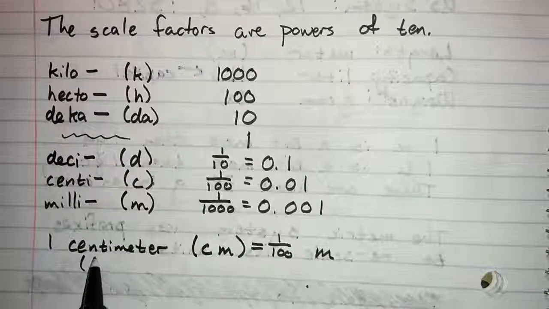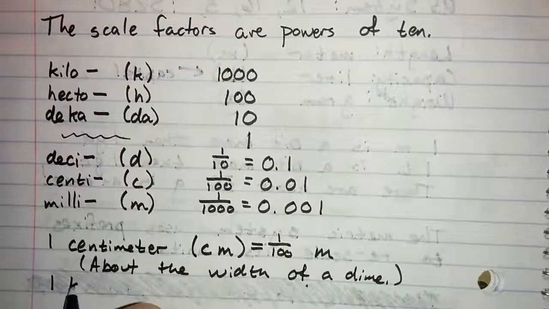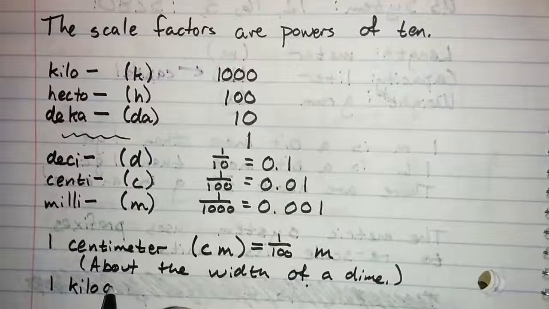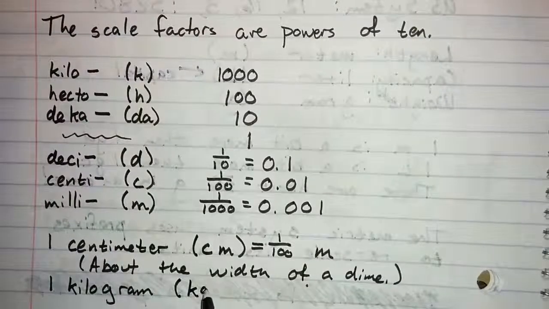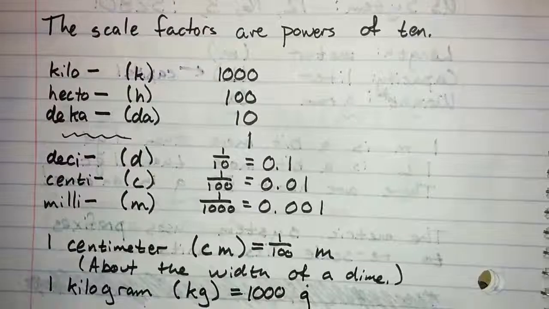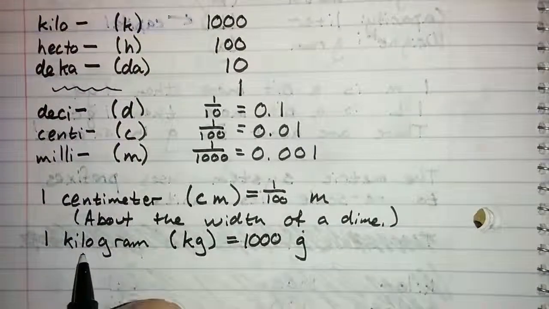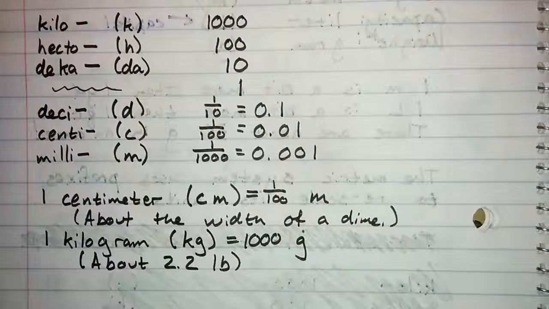This is about the width of a dime. We could have 1 kilogram, abbreviated kg, is 1,000 grams. And 1,000 grams is about 2.2 pounds. If you were going to weigh a person in the metric system, you would most likely use kilograms.